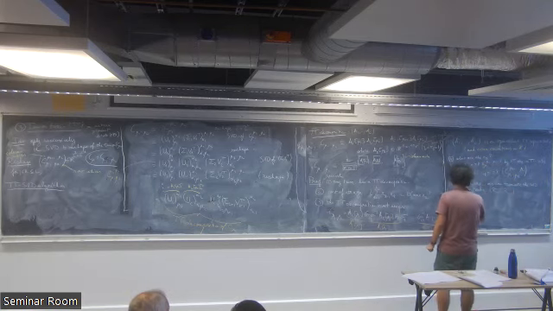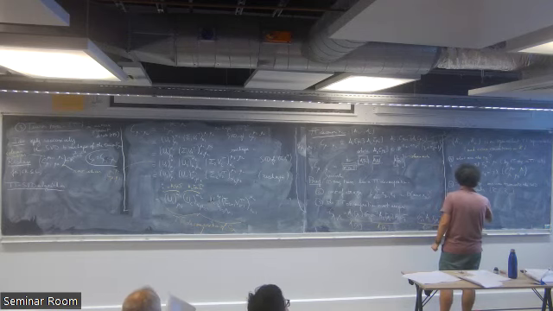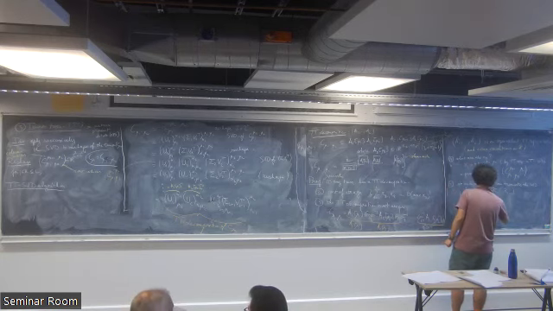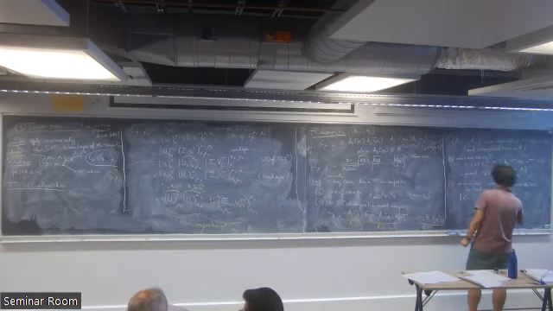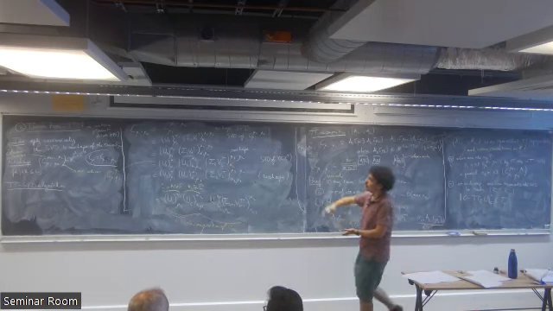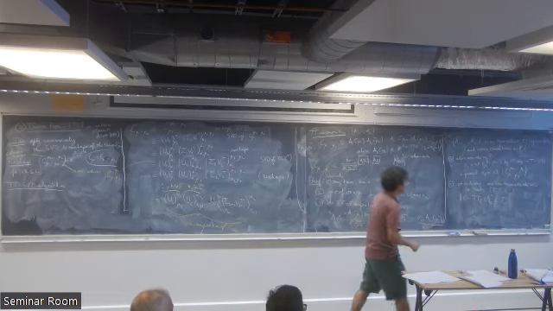And now the best approximation in the Frobenius norm will be simply the sum of the singular values that I throw away at each step.